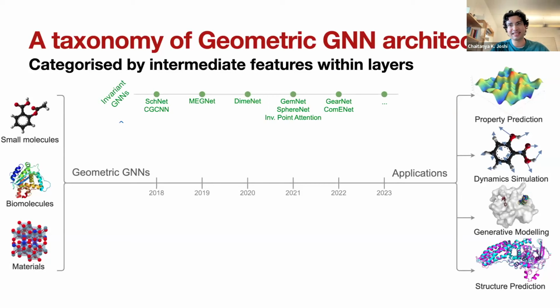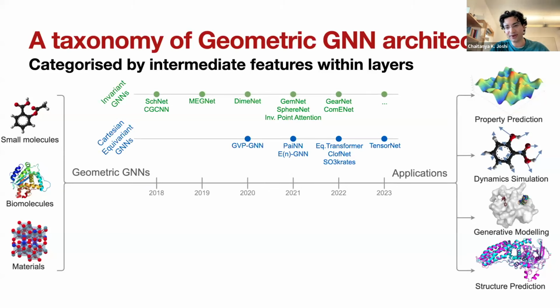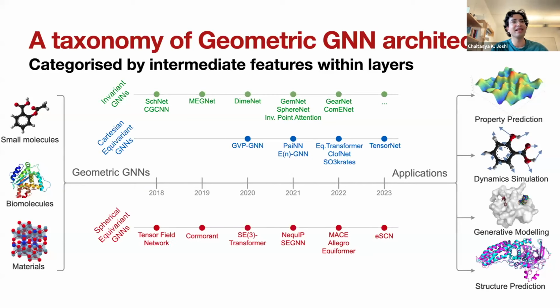We characterize them broadly as invariant graph neural networks, which use scalar type features; Cartesian equivariant graph neural networks, which use 3D vector type features, vectors from physics; and spherical equivariant GNNs, which do a change of basis to the spherical coordinate system. And lastly, an emerging line of work on unconstrained graph neural networks, which are not always strictly enforcing symmetries.